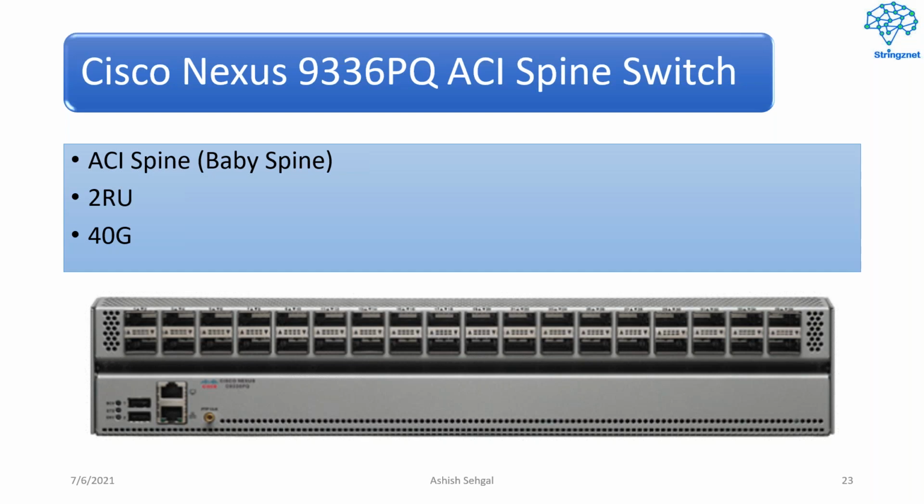We were talking about horizontal and vertical in the 9500. Fabric is vertical. Now, 9300 series switches are not modular switches. They do not have separate line cards or fabric modules. The fabric module is built in the form of an ASIC chip on the main motherboard itself.